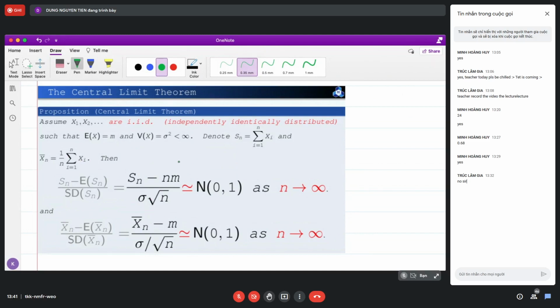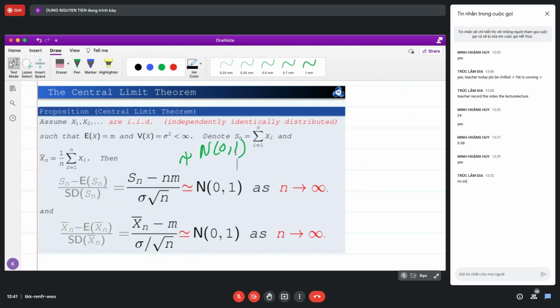Now they don't follow the standard normal distribution. Because if all the xi follow a normal distribution, then the standard scores follow the standard normal distribution. We already proved that. But if they are not normal random variables, then the standard score doesn't follow the standard normal distribution.